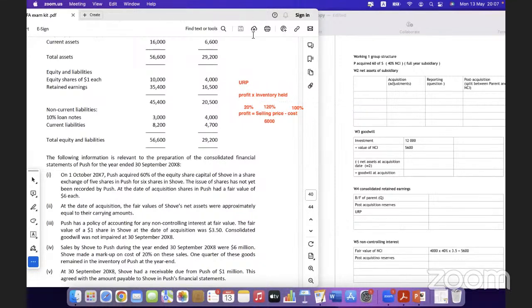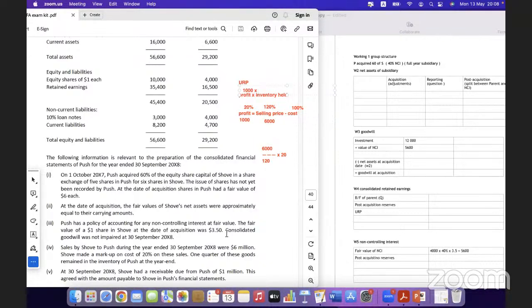Right, now you start working out. You want the profit, no? Then work out 20%. So what you should do is 6,000 divided by 120, multiply by 20. So 6,000 divided by 120, and when you multiply by 20, profit will become none other than 1,000. So put that here. Profit is 1,000.